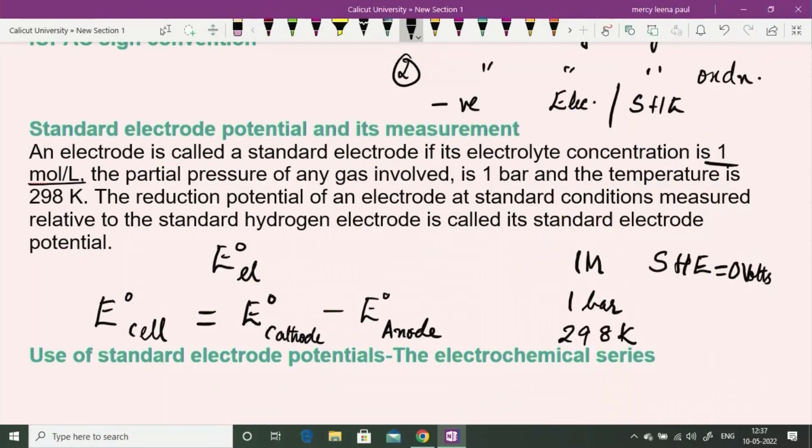It is not exactly 0 volt, but we consider the potential developed on a hydrogen electrode is 0. We are considering it just for setting up a scale, and based on that, in reference to the standard hydrogen electrode, how much potential you are getting for any other electrode is taken as the standard electrode potential of that particular electrode.